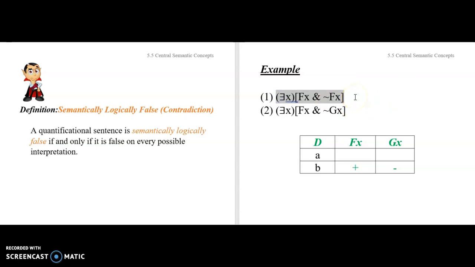So we do have other methods available to us, but from an exclusively or purely semantic point of view, we cannot show that this is a contradiction, even though it is. But we can prove that sentences are not contradictions by providing an interpretation according to which the sentence is true. Just one interpretation will do.